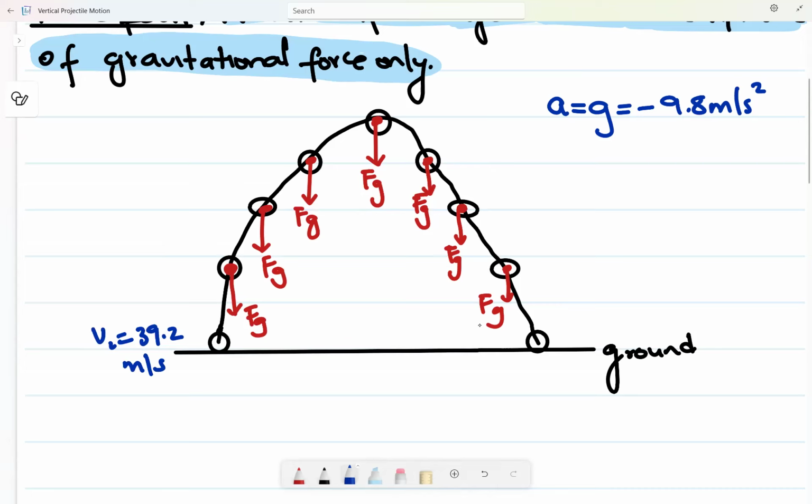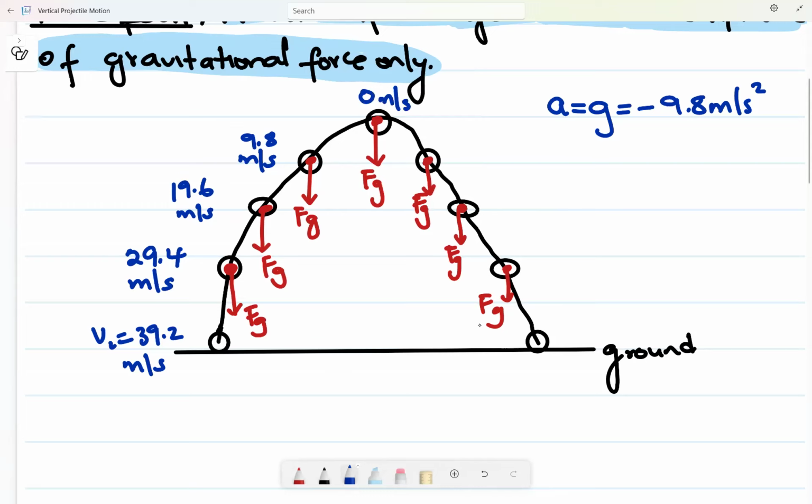As I go upwards, I go toward 29.4. Then, as I go up, it is experiencing the gravitational acceleration of negative 9.8. This is just an explanation. We haven't done any calculations. This is going to be very important as it reaches here: 9.8 meters per second.